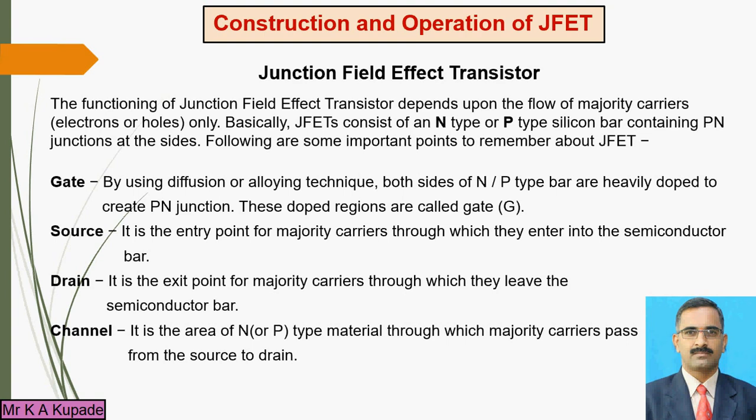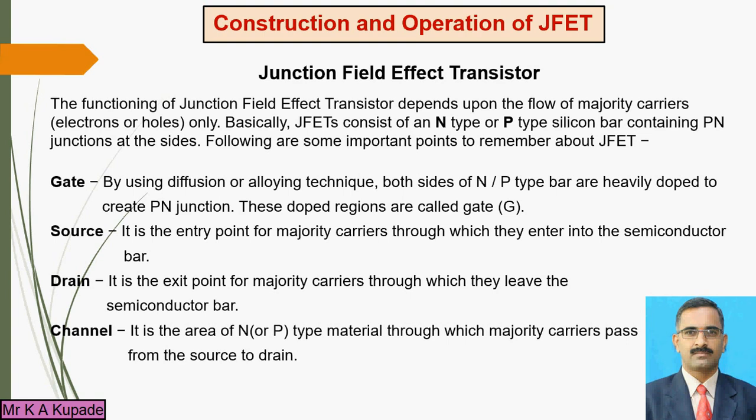Suppose you are considering the N type channel, then you are diffusing the P type material on both sides of the channel so that you can form the PN junction. If you are using the P-type channel, then you are diffusing the N-type substrate so that the PN junction can be formed. And the doped region generated on that bar is called the gate.